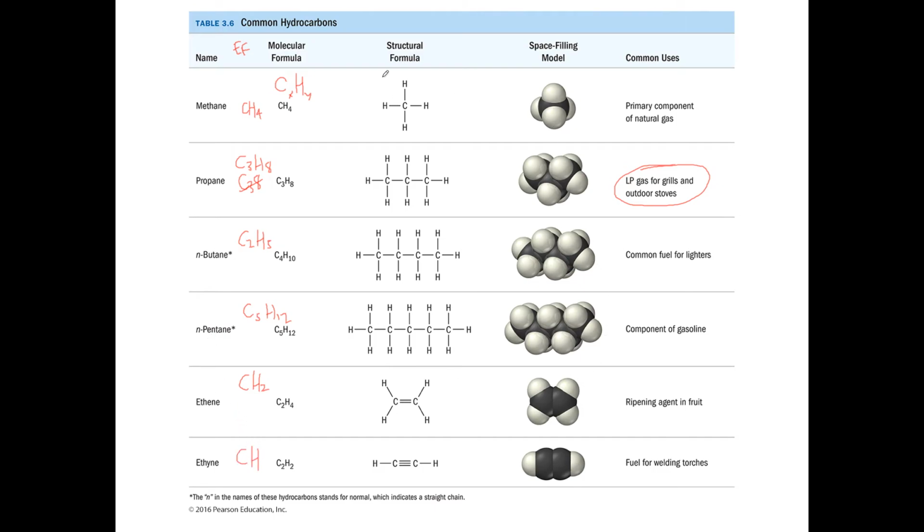Okay, so these are the structural formulas of all of those, and these are the space filling models, which give you a sense of some different shapes that we see. And so what do they use? This is natural gas, LP, a common fuel for lighters, a lighter that looks like that, stick in your hand.